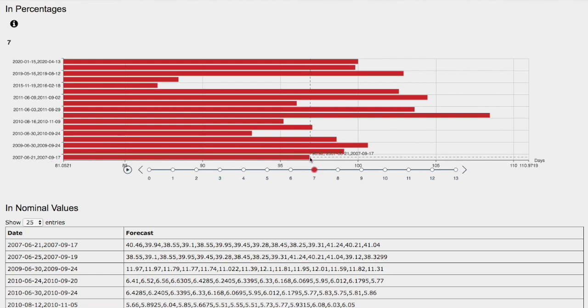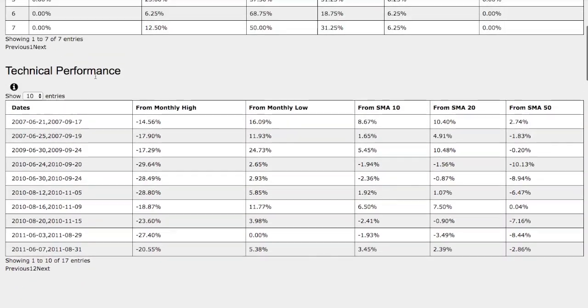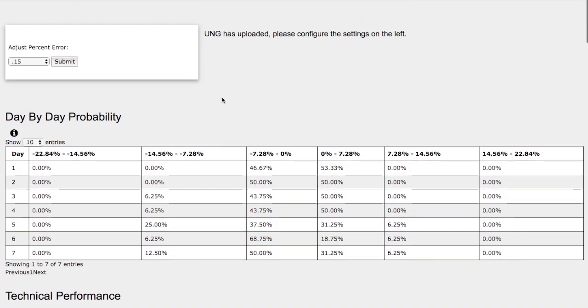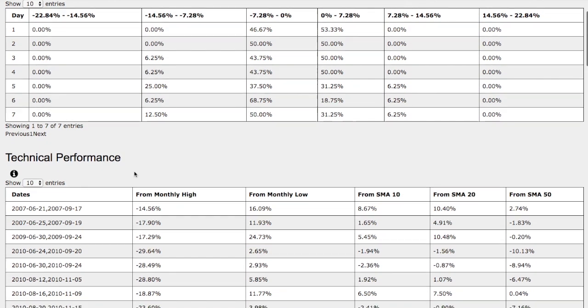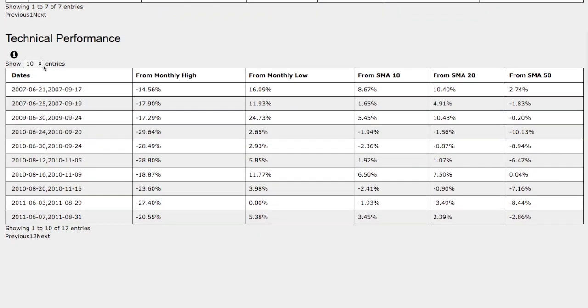Back then, natural gas fell roughly 3.2%. So if we head back to the day-by-day probability model, as we encountered on the 7th day, we have a 50% chance for natural gas to fall between 0 and negative 7%. So let's examine the technical performance of each model.